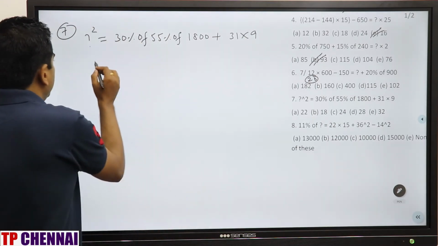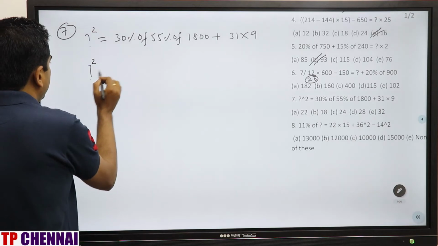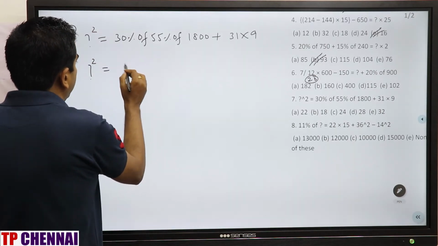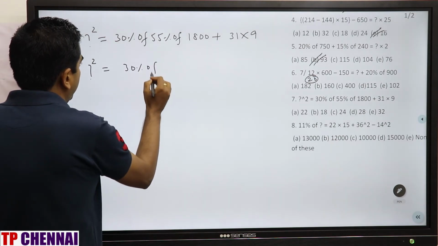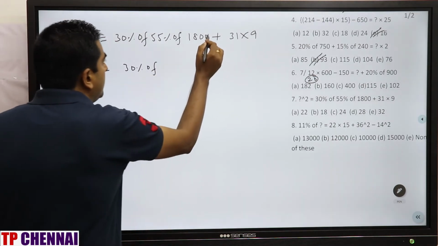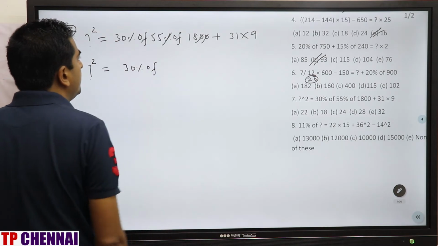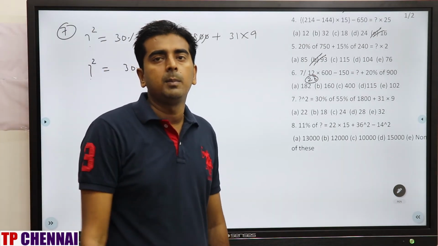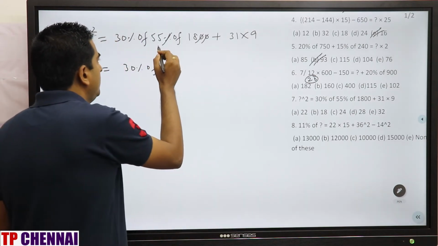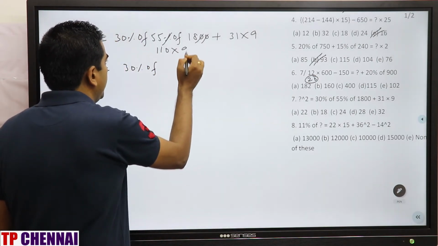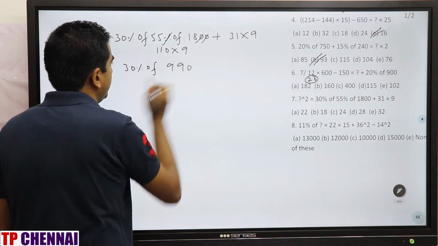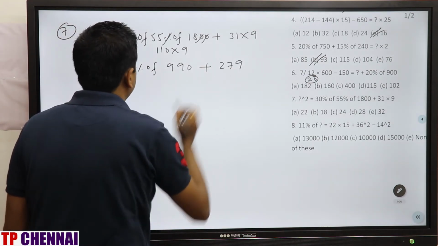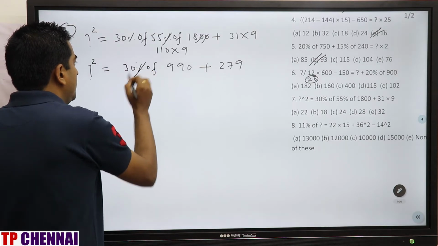So this is question mark square is equal to 30% of this, double zero and percentage will go. This is nothing but multiplication of even and odd number. Double the odd number, half the even number. This is 110. This is 9. So this is 990 plus 279. So percentage and double zero will go.